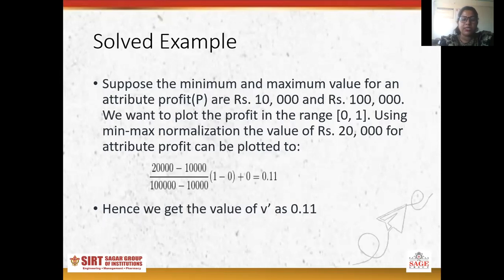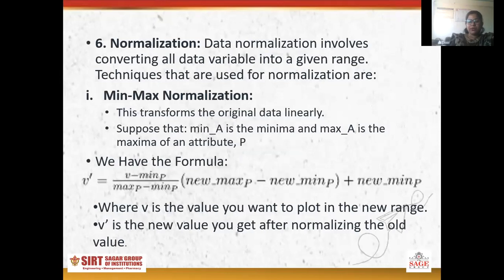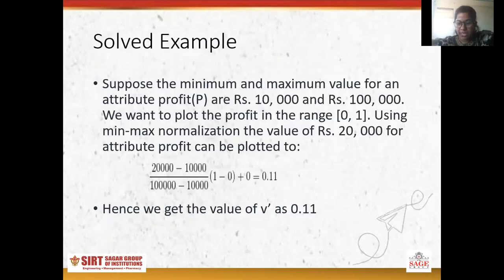Using min-max normalization, the value 20,000 can be plotted as (20,000 - 10,000) / (100,000 - 10,000) * (1 - 0) + 0, where new max P minus new min P is the range 0 to 1, plus new min P, which is 0.